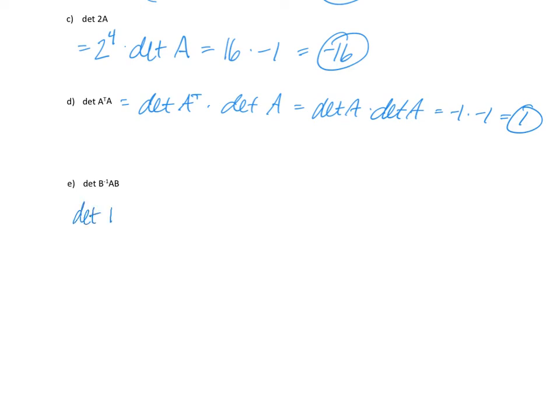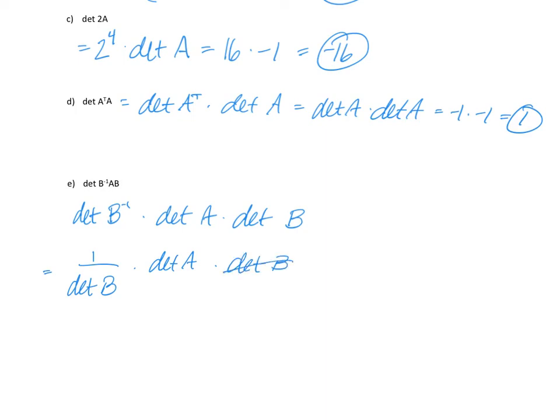So this is the determinant of B inverse times the determinant of A times the determinant of B. And we have a formula for B inverse. The determinant of B inverse is 1 over the determinant of B. And then these determinants of B cancel, and the determinant of A is just -1.